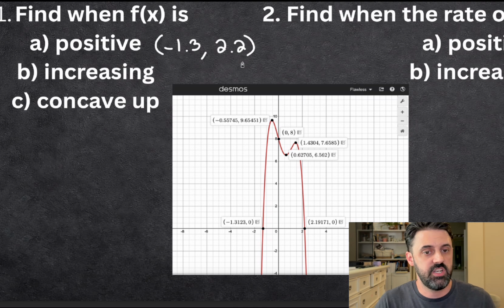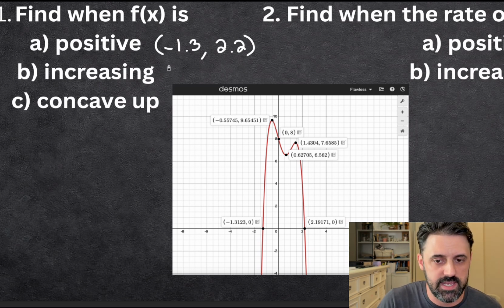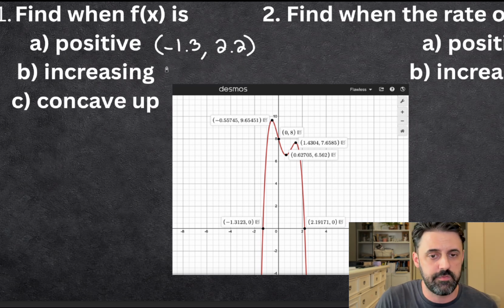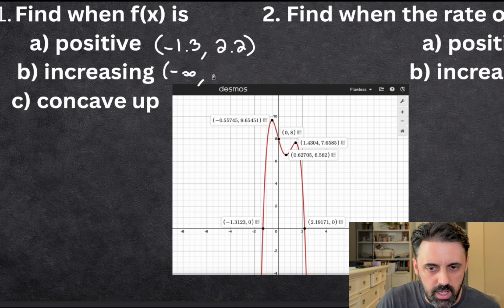Part B, when is the function increasing? So again, it's got to be moving up and to the right to be increasing. It's not asking about its rate of change yet, just the function. So we're looking for moving up and to the right. And so as we go from left to right, the graph is moving up in the first interval, so that would be from negative infinity to that relative maximum at about negative 0.6.